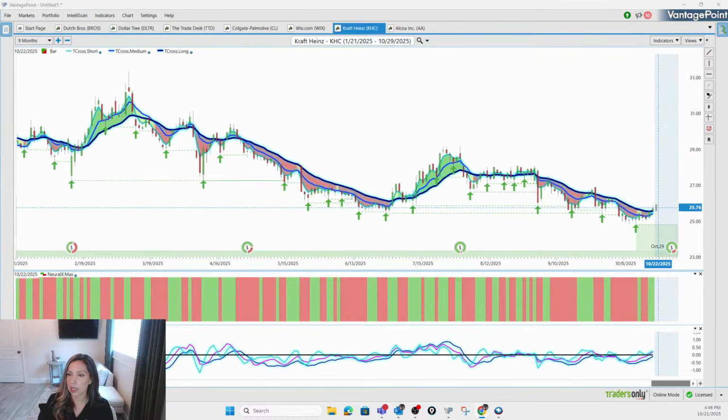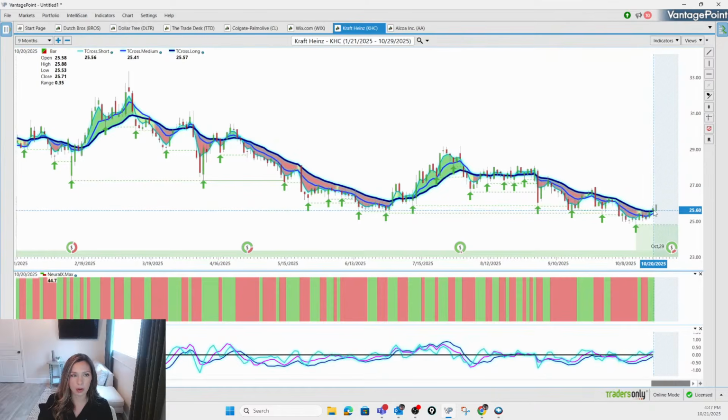So we can quickly look up where Kraft Heinz is. And where did we land today? 25.64. So were we able to stay above that T-cross long level? We'll know that tonight when things update, but currently the T-cross long is at 25.57 and we closed just above that T-cross long level.